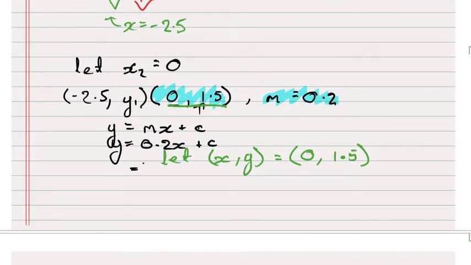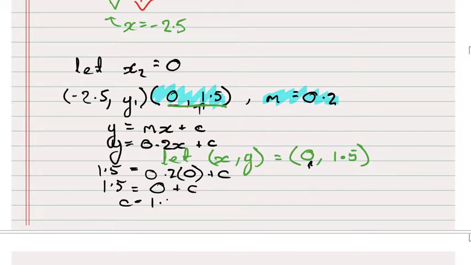Substituting those into the equation, we have a y value of 1.5 and then 0.2 times 0, so x we're saying is 0, plus c. Now, solving for c, we have 1.5 equals 0 plus c, and therefore, rearranging, we find c equals 1.5.